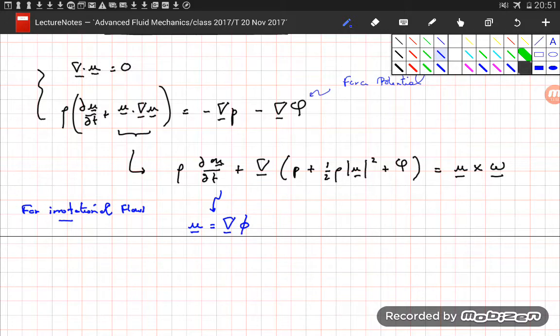And if the flow is irrotational, then by definition the curl of the velocity, the vorticity, is equal to 0. Note that in the weaker form of the Bernoulli equation, we did not assume the flow to be irrotational, therefore there was vorticity. What we did is integrate this equation along a streamline. We said that if we move along a streamline, then this vector here is equal to 0.